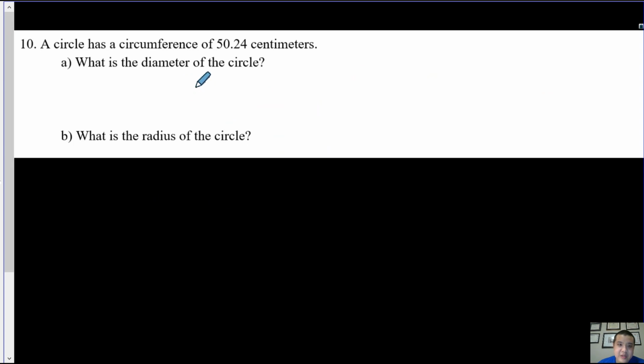Okay. Here we're going to do something very similar. We have the circumference now of the circle, and so that means we're going to use cherry pie delicious. Cherry pie delicious. And so the diameter is 50.24 equals 3.14 d.